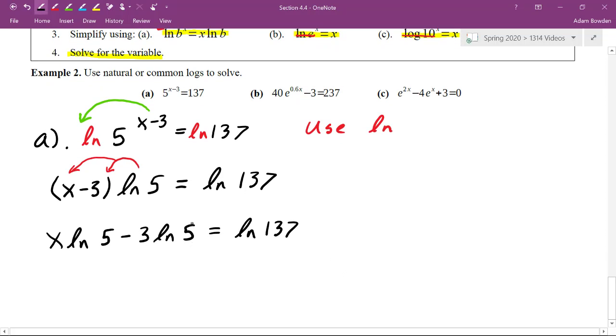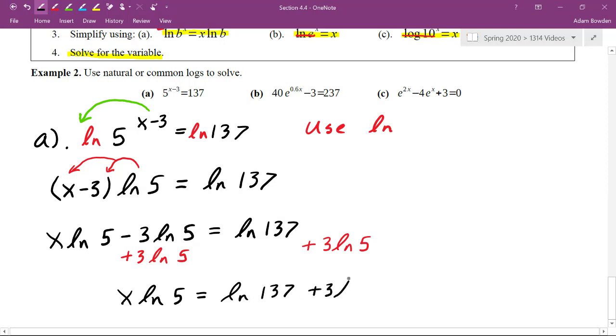Now this ln and all the numbers, just treat them like you would any number. We can move them around from one side to the other side of the equation. So what I'm going to do is add 3 ln 5 to both sides. So that'll give me x ln 5 equals ln 137 plus 3 ln 5.